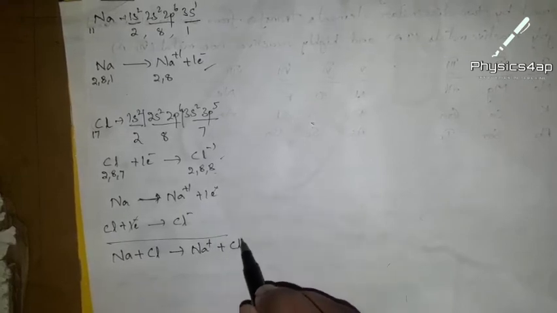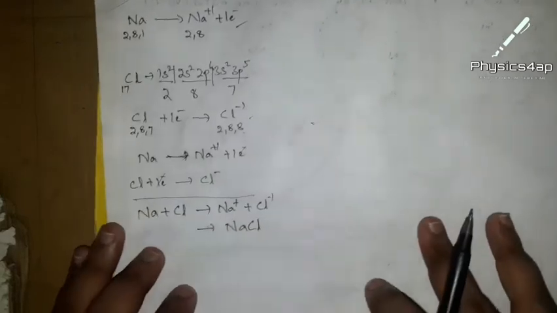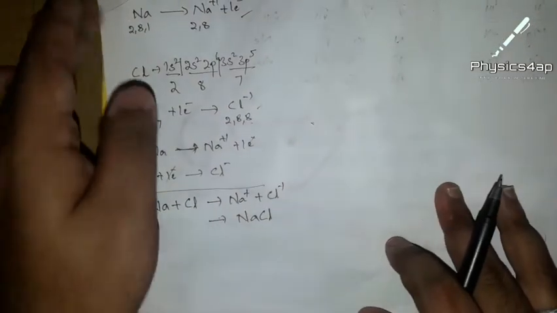Now when you add, we get Na plus Cl giving rise to Na plus and Cl minus, which combine to form NaCl, called sodium chloride. Okay, clear?